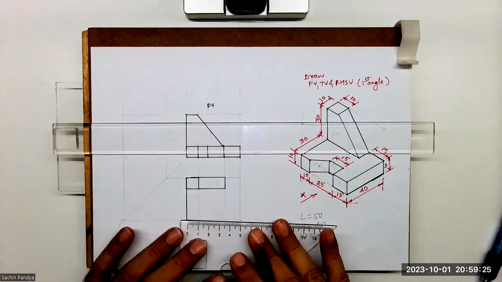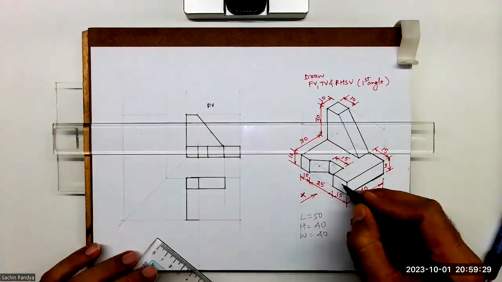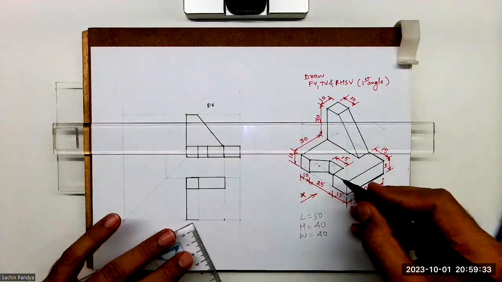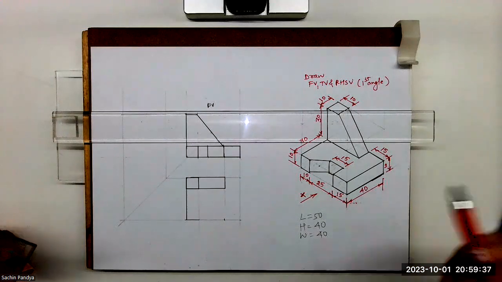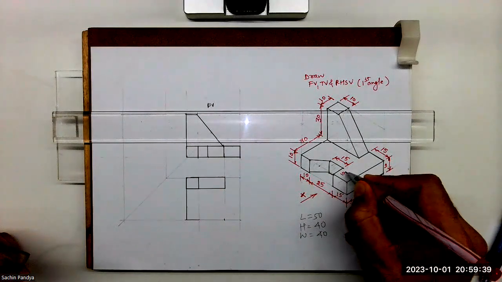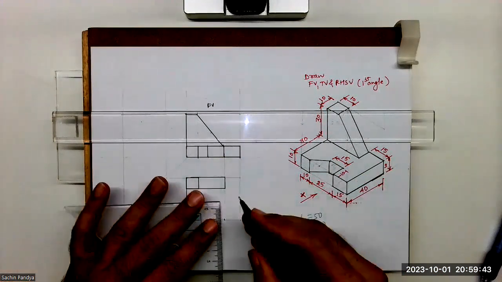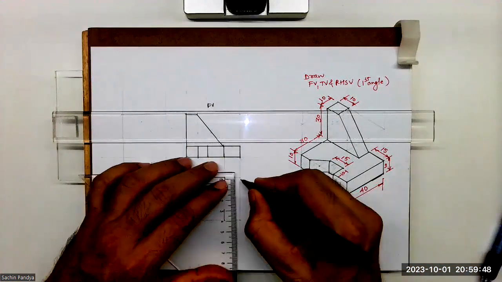Then this is 10. Then if you see from here, it is 15. Then it goes up by, this distance is not given. It is 10. From here, you can go inside by 10. This line is full.